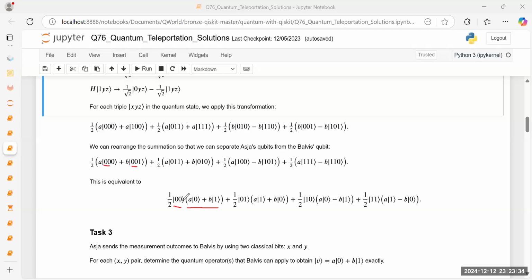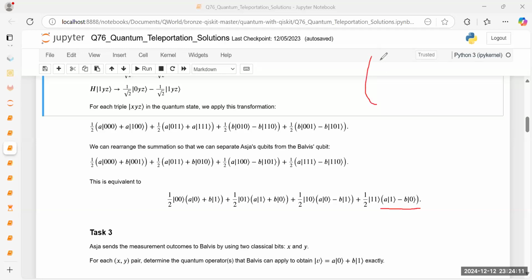So if Asja was to measure 0, 0, then we know that the state with Balvis is the state you see here. And if Asja was to measure 0, 1, then we know that the state with Balvis is the state you see here. If she measures 1, 0, then we know that the state with Balvis is the state you see here. And finally, if she measures 1, 1, we know that the state with Balvis is the state you see here.